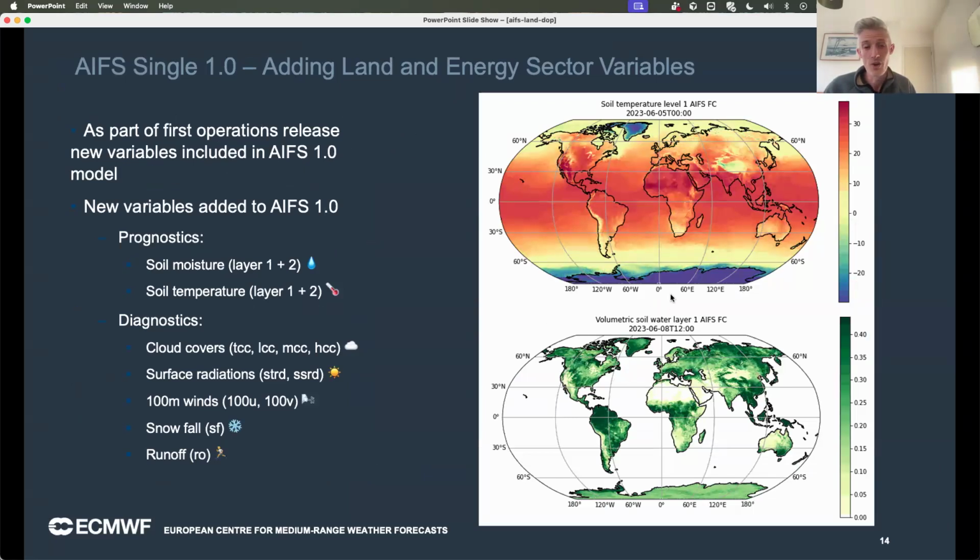The model has no notion of sea surface temperature or sea ice, but it's got soil temperature and it's producing what it thinks is soil temperature around here. But you can see it's also correlated with what might be the motion of the ocean and ice and stuff like this. So there are some weird latent representations that the model starts building itself as well. How much we can take from that, I don't know.